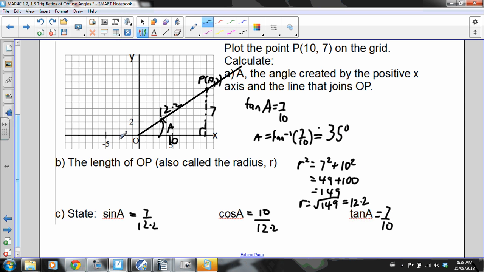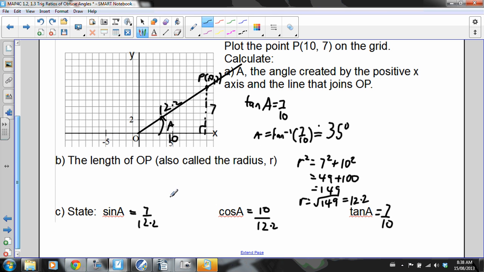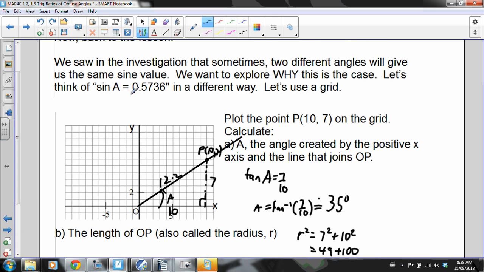Now, what I wanted to point out just before we go on, if you were to put 7 over 12.2 into your calculator, you're going to get pretty close to this value right here. That's about the same thing as 7 over 12.2, the sine of angle A. And if I go sine of 35 degrees, sine of 35 is about that same value. So this is all fairly familiar for us.